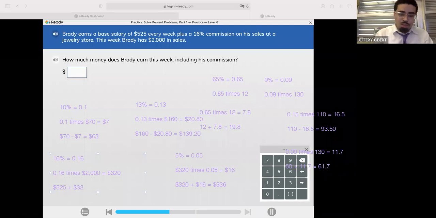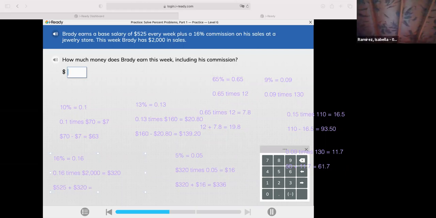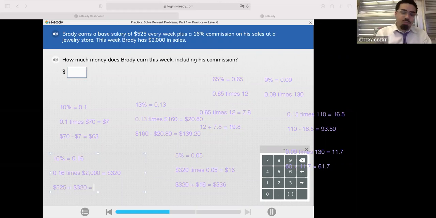So we're gonna add that 320 onto the 525 that Brady makes no matter what. So that's why it's 525 plus 320. And then what do you get when you add those together? 845. All right, correct. All right, so good job persevering.